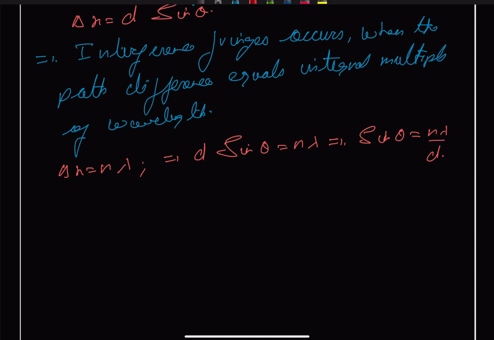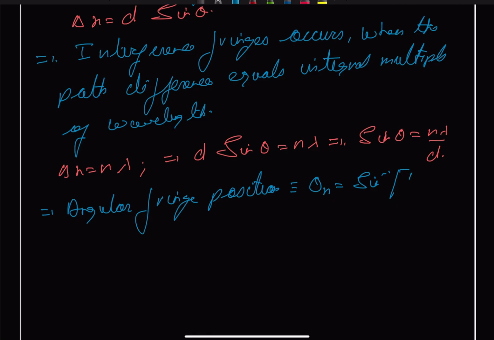And the angular fringe position, theta n, will be equal to sine inverse of n lambda divided by d.